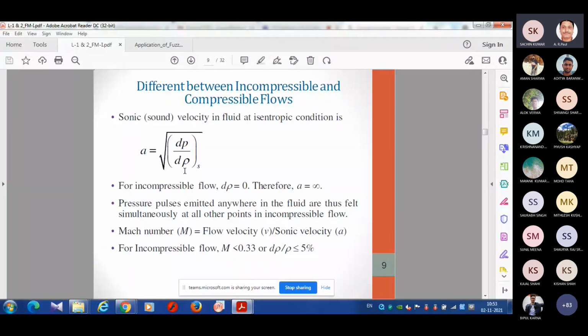If your Mach number is less than 0.33, you consider the flow as incompressible. It is seen that even if you run your ceiling fan at full speed, it can generate an airflow having a Mach number much less than 0.33. Therefore, the airflow generated by your ceiling fan must be incompressible.